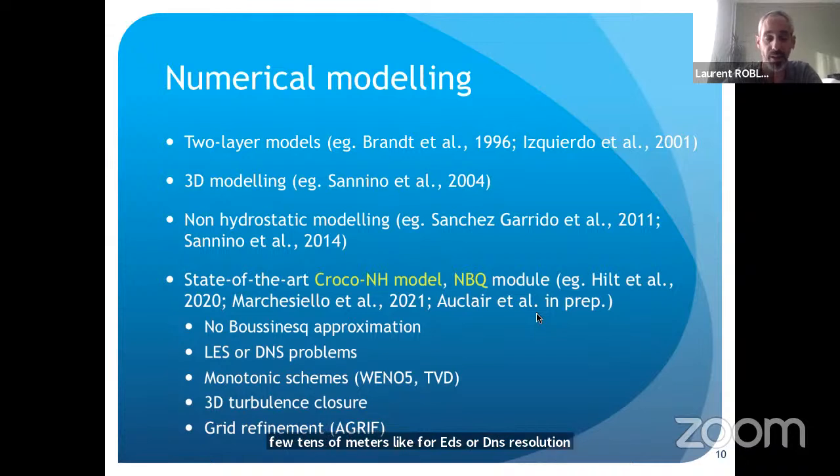And like Patrick said, this new code comes with monotonicity preserving advection schemes like WENO5 or TVD, and fully 3D turbulent closure schemes. So for us, it's a perfect candidate for modeling the dynamics within the Strait of Gibraltar.